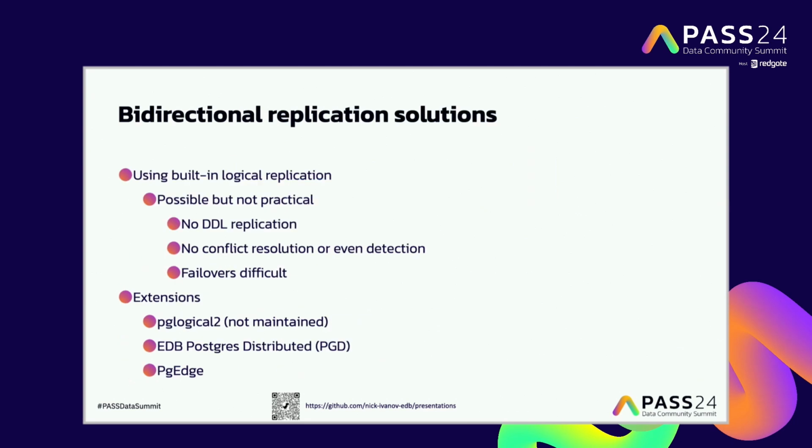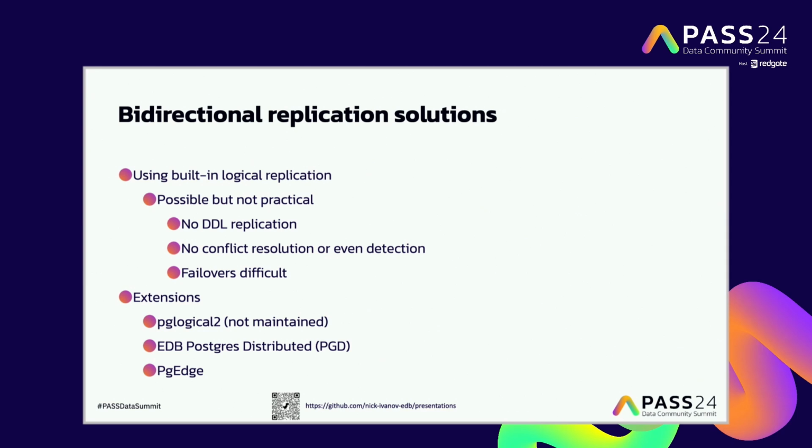Some people tried to build bidirectional replication based on built-in logical replication, but it didn't quite work well because, as we said before, there is no DDL replication and no conflict resolution. Failovers become very difficult because replicas have all their own WAL streams with different LSNs.